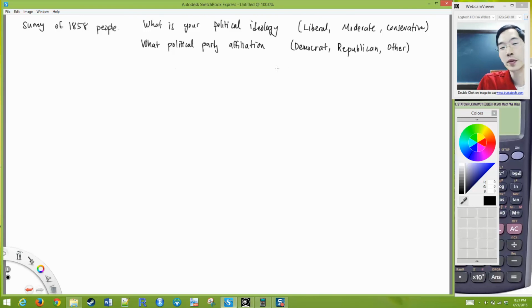So what kind of data are we dealing with here? And how many variables do we have? Yeah, we have categorical data. How many variables? 2. Okay, so remember, in our raw data table, how many rows do we have?